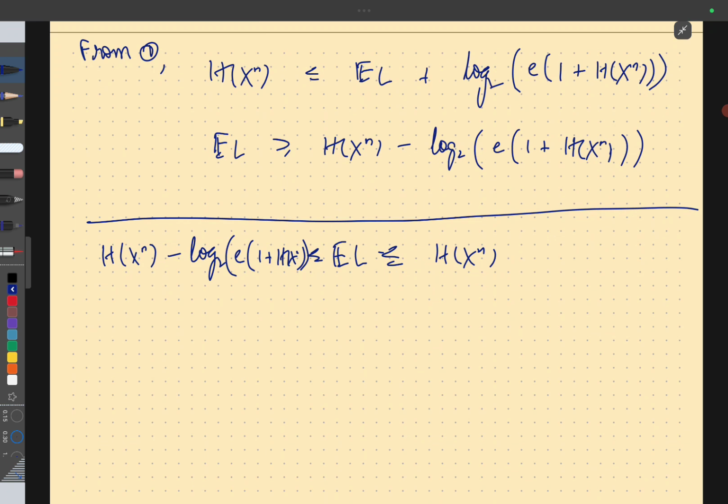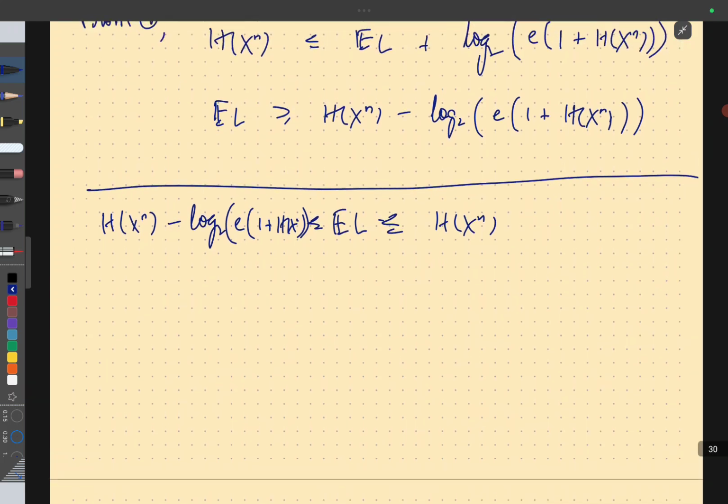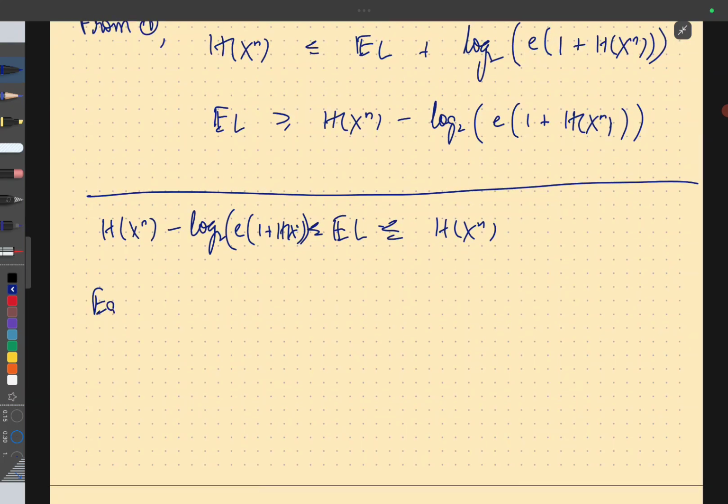Let's try to see what happens for specific sources. So what happens if the source is IID? This is also what is called a discrete memoryless source.